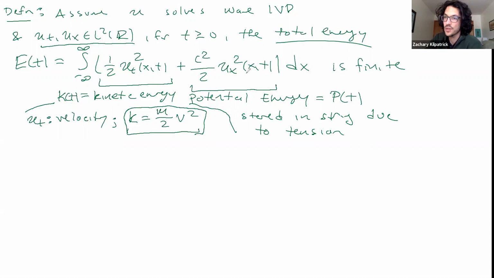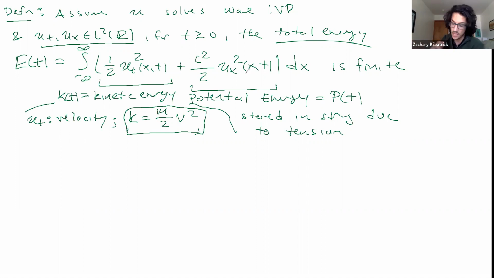So this essentially is the stored up energy that you get by applying tension to the string, okay? So this represents the two contributions to the energy of the string. Whatever energy is currently represented by the motion, and whatever is represented by the tension, okay?